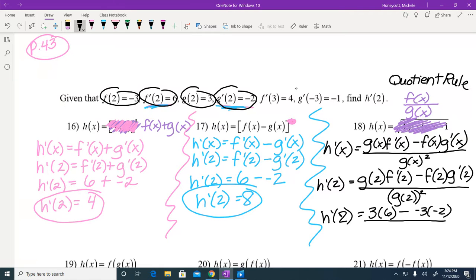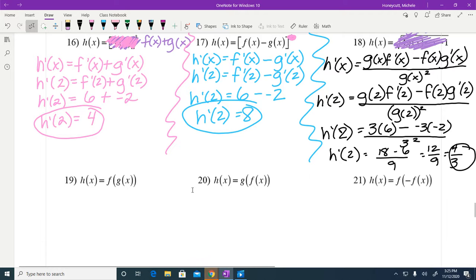All over g of 2, which we did not define, so I'll just leave it as g of 2 squared. Oh no, we know g of 2. G of 2 is right here. G of 2 is 3, so all over 3 squared. And then from there, it's just some arithmetic. So h prime of 2 is going to be 3 times 6 is 18, minus 6 over 9, and 18 minus 6 is 12 over 9, and 12 over 9 is 4 over 3.